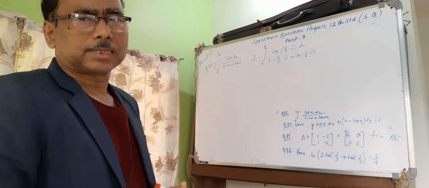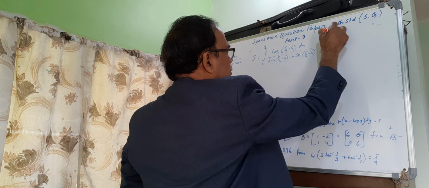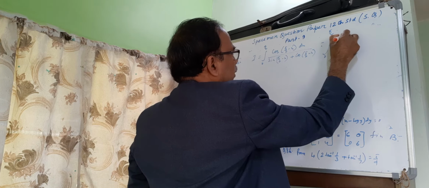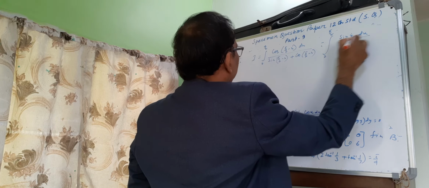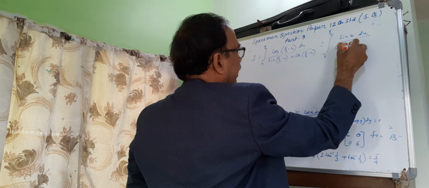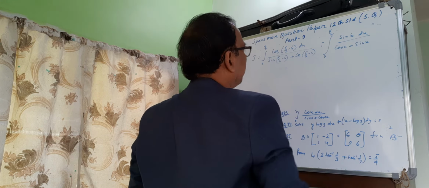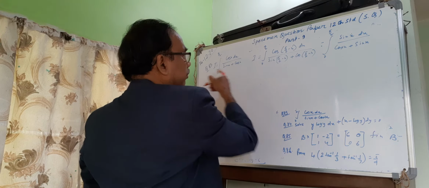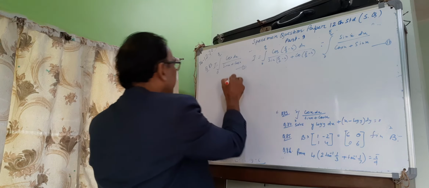You know this becomes sin x dx by (cos x + sin x), from 0 to pi by 2. Now adding this, 1 and 2.